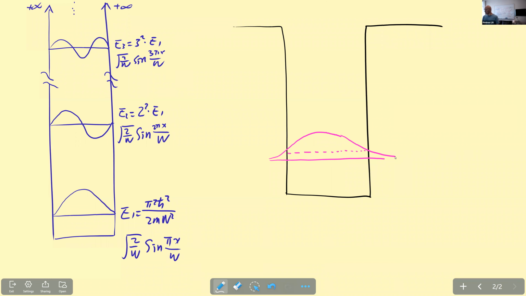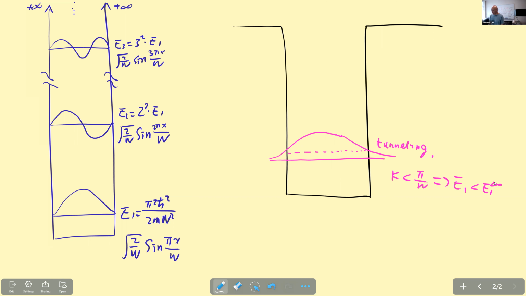Okay, right, so this is the tunneling. So then the k inside is actually less than pi over w, right? So that leads to this E1 being less than the E1 in the infinite quantum well.